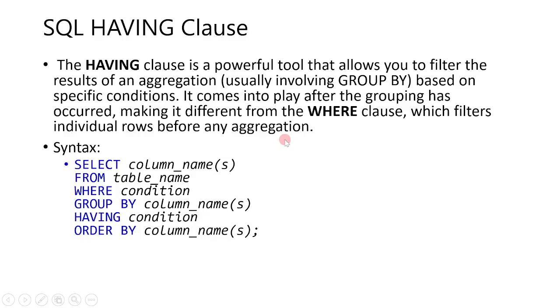Then we are going to have our having clause, a powerful tool that allows you to filter the result of an aggregation. Take note here, having is going to filter the result of an aggregation based on a specific condition.